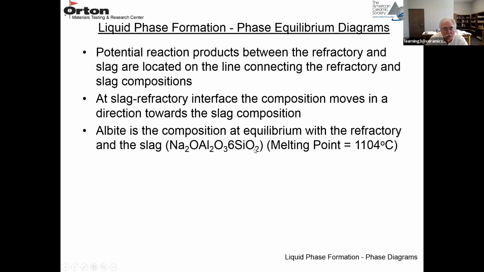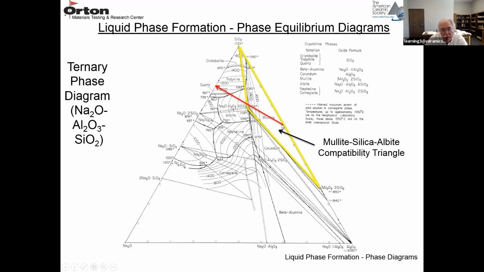So this compound is forming, and it has a low melting point, 1104 degrees C. So we start out with a 40% alumina, 60% silica material here, and we're in a mullite phase field. So it's a high temperature material. And all of a sudden we go into the albite phase field. So we have a compatibility triangle.